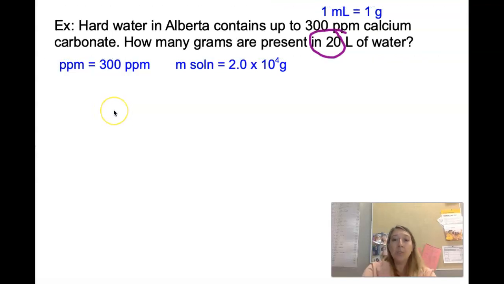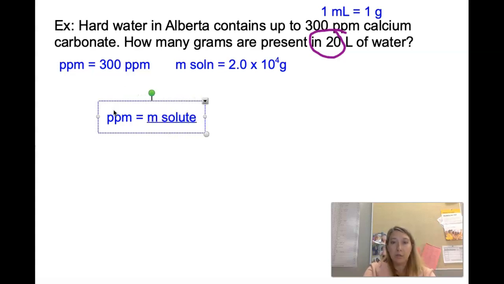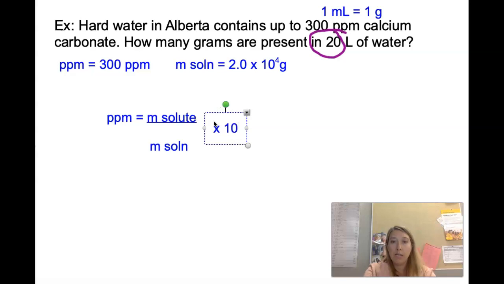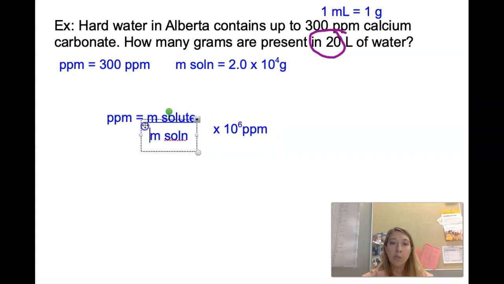So next thing we have is our equation. We know that ppm equals the mass of the solute divided by the mass of the solution times 10 to the 6 ppm. In this case, we can't just plug right into the equation because what we're trying to solve for is the mass of the solute.